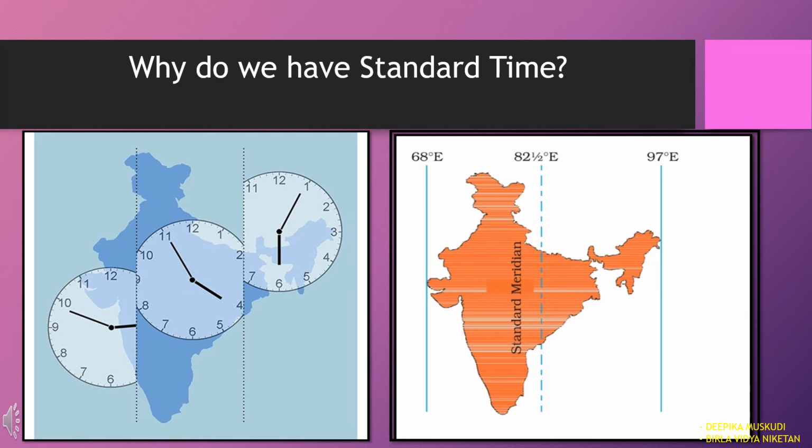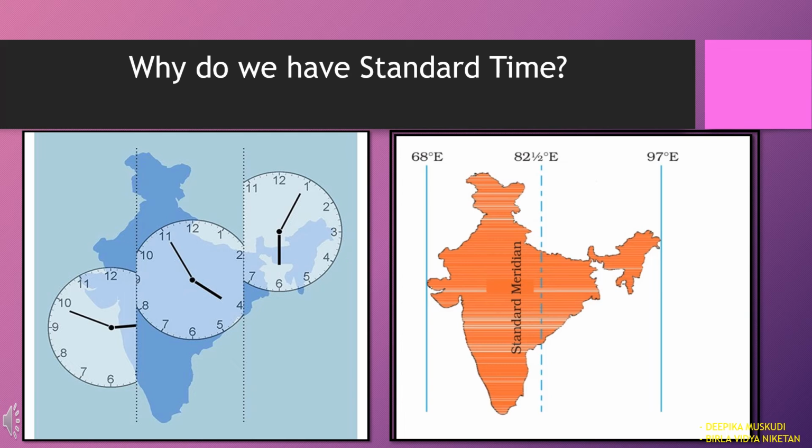It will be difficult to prepare a timetable for a train which crosses several longitudes. In India, there will be a difference of about 1 hour and 45 minutes in the local times of Dwarka in Gujarat and Dibrugarh in Assam. Therefore, it is necessary to adopt the local time of some central meridian of a country as the standard time for the country.